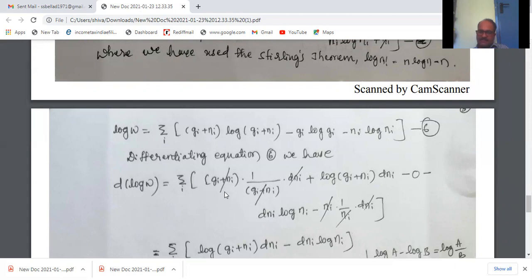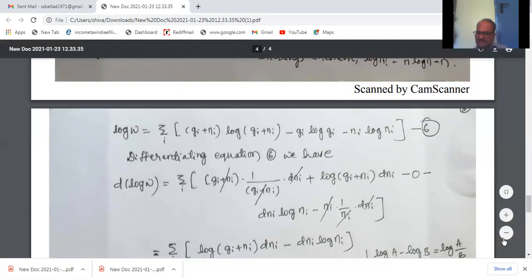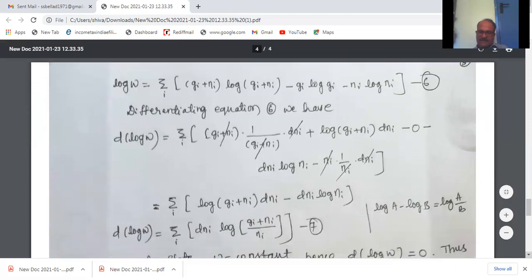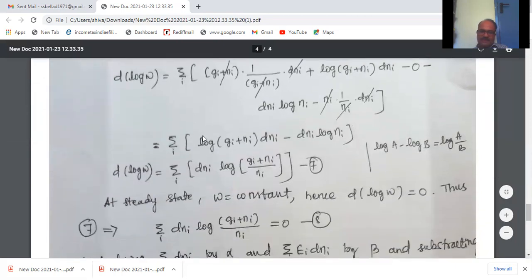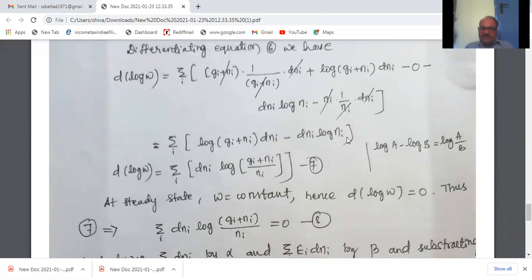So these terms cancel: here you cancel, dni cancels, ni cancels. So after cancelling the terms, we are left with this. It is equal to summation over i of log of (gi plus ni) into dni minus dni log of ni. This is what is left with us.